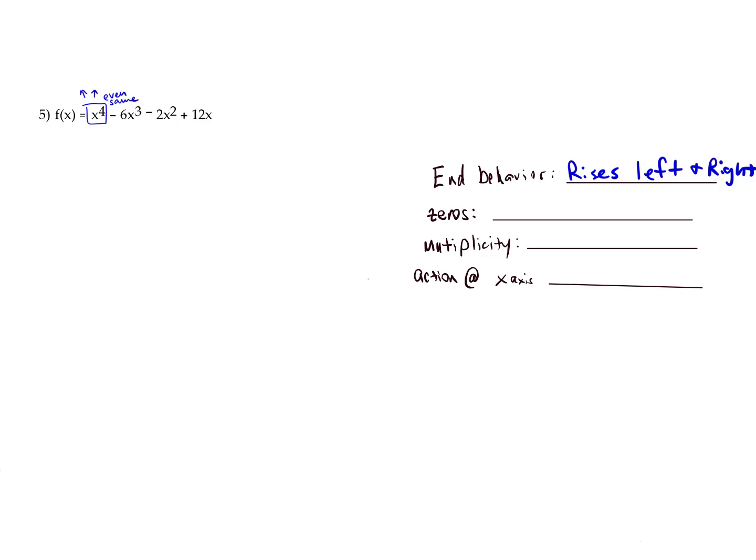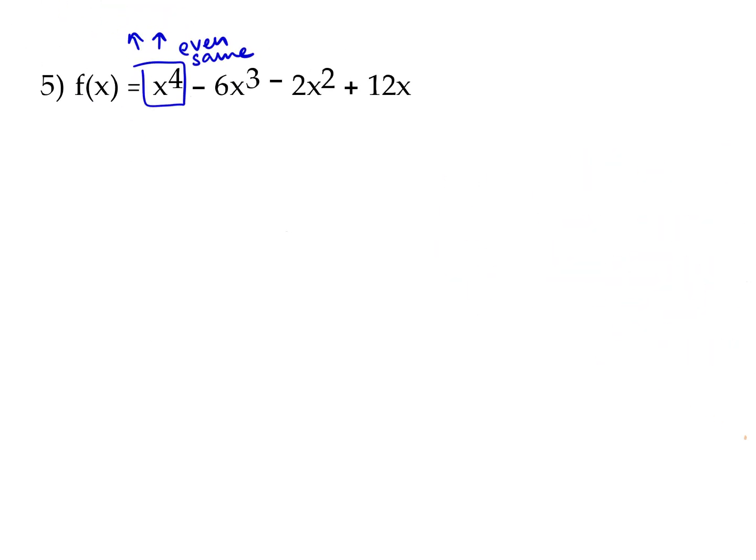Next, let's find our zeros. So if we have 4 terms, how could we try to factor this? Grouping. Let's group our first 2 and group the second 2. What's the GCF from our first group? X cubed. When we take out an x cubed, we're left with x minus 6.